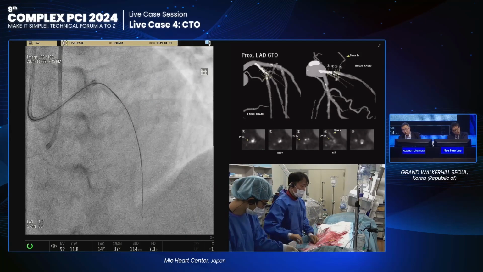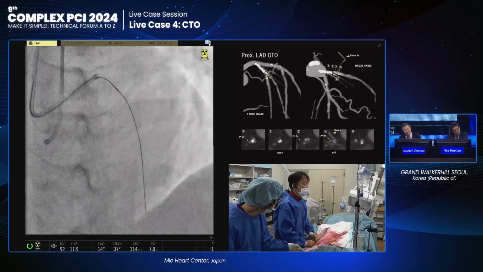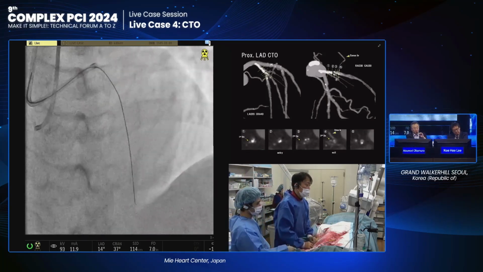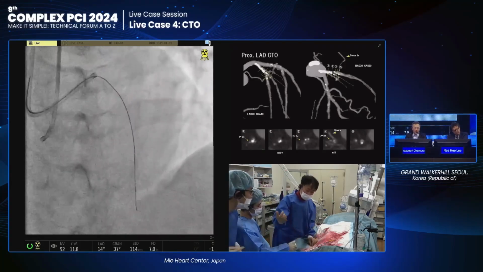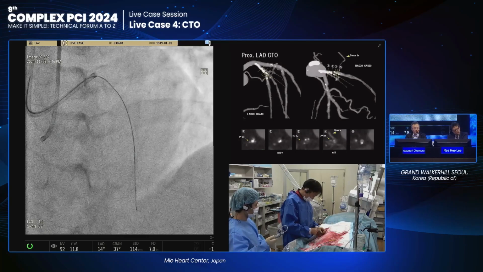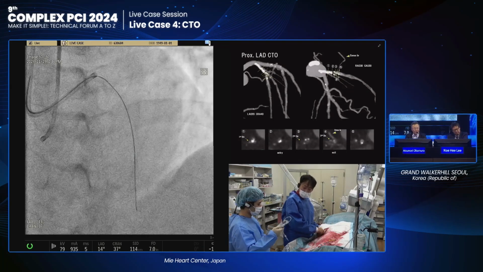Let's dilate with the balloon. So Dr. Nasu, you use the Caravel? Usually I want to use the Corsair compared to the Caravel. Is there some reason for your microcatheter choice? Yes, it depends on the case.